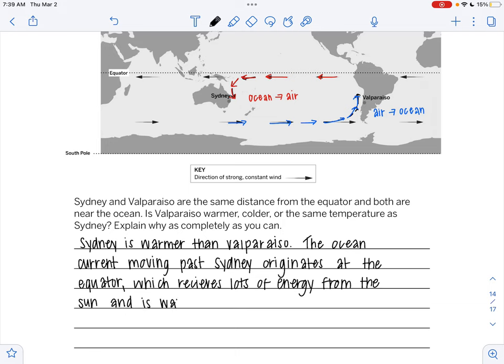So we know that we have a warm current that's coming past Sydney. That means energy is transferring from the warm water to the cooler air.